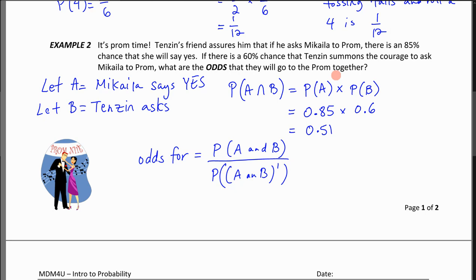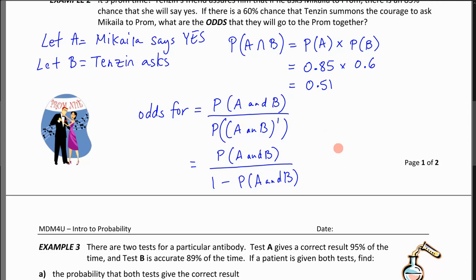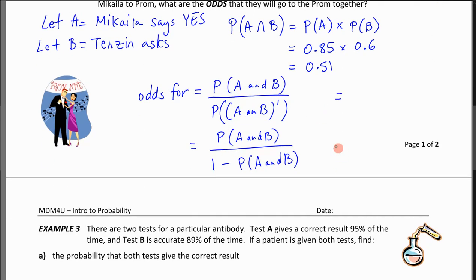Okay, I can rewrite that as the probability of A and B divided by 1 minus the probability of A and B. So in other words, basically, what's the probability that they both go to the prom together divided by the probability that they don't go to the prom together. And that's pretty simple. Okay, so that's going to equal 0.51 on the top.